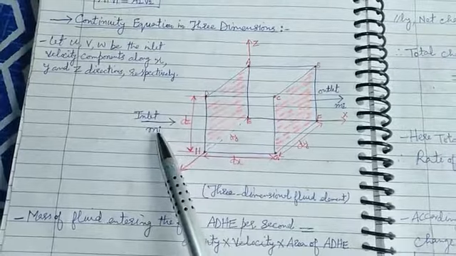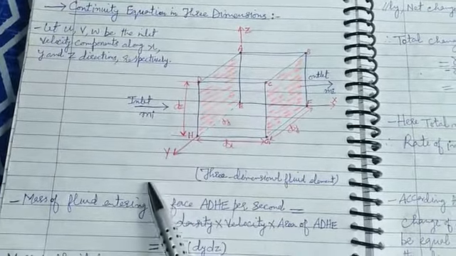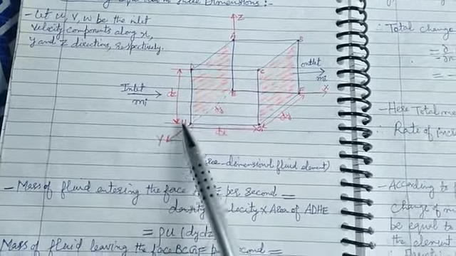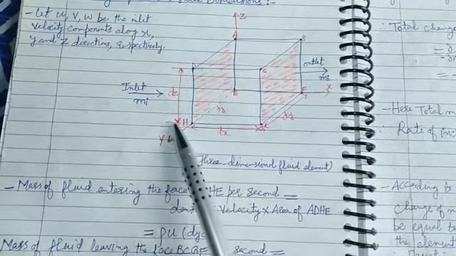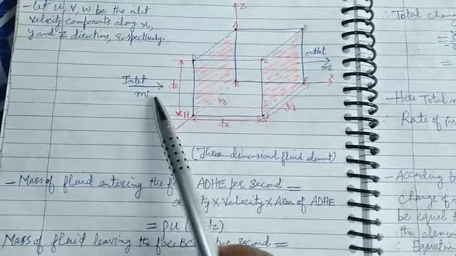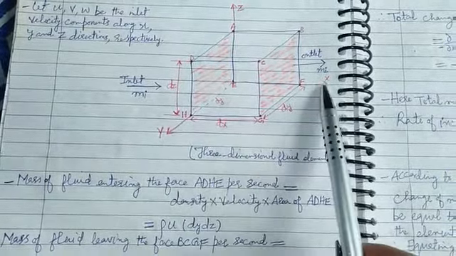The mass m1 dot enters this fluid element along the x direction, so you have to take care about the direction of flow. It is entering along the x direction, which I have shown.